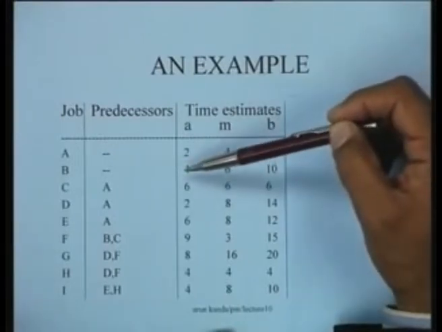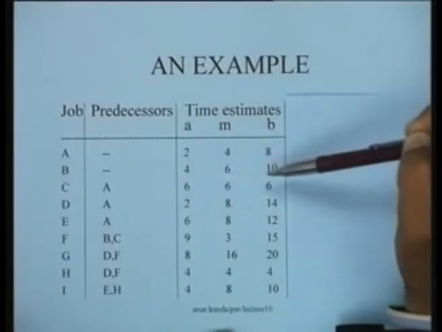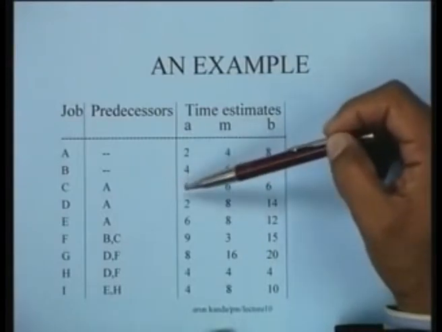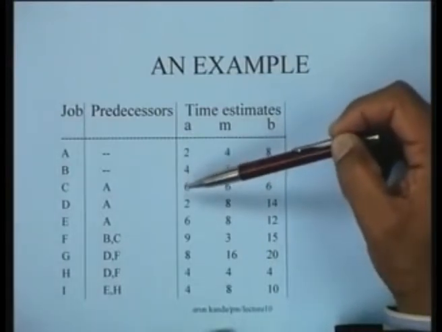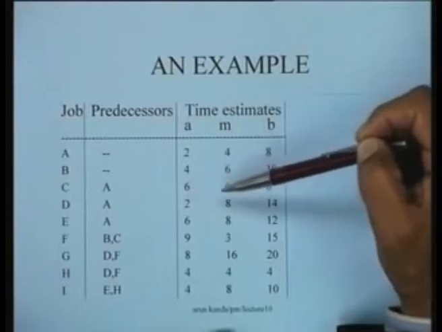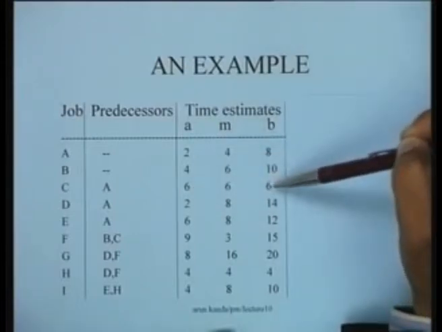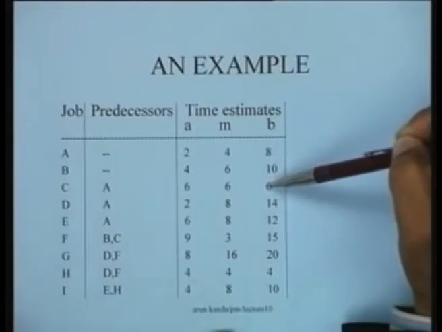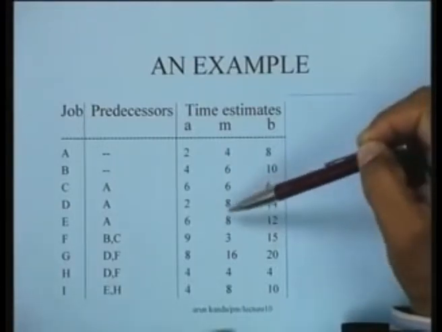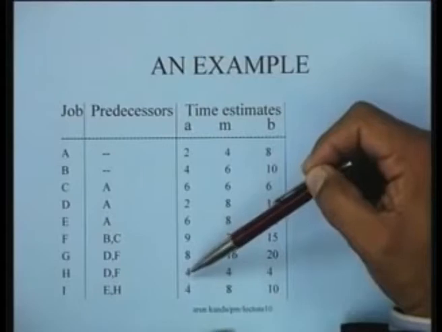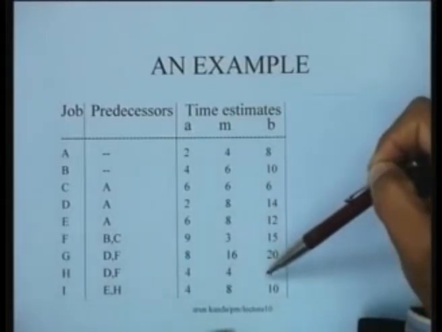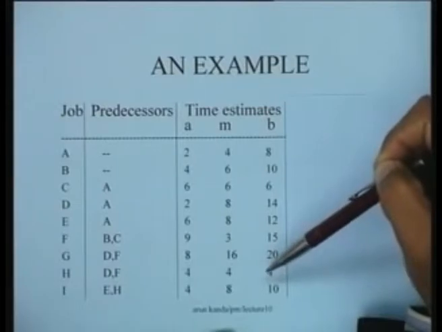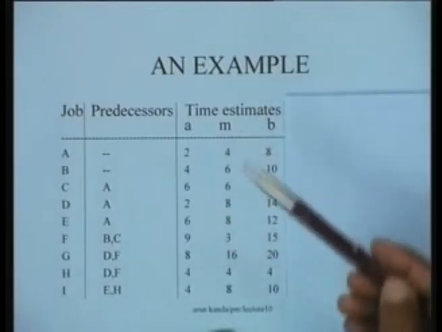And similarly for job B, we have these estimates. However, we are fairly sure of the time of activity C. We are quite sure that activity C will take 6 days, so we indicate 6 on all the 3 values of A, M, and B. And similarly here, we find that activity H also we are fairly sure will take only 4 days. So it will take only 4 days, and we have these estimates.